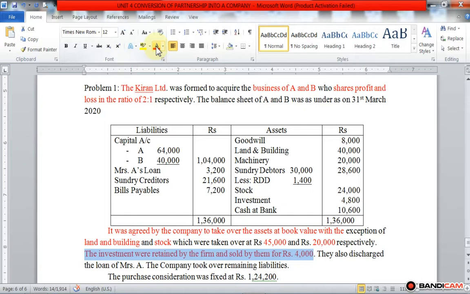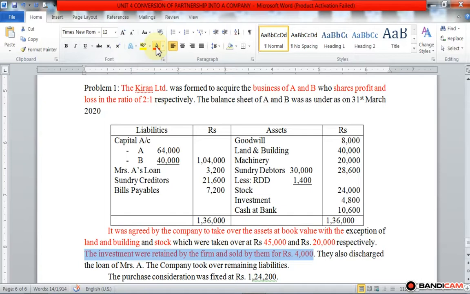So remember, the entry for payment of a liability will be realization account debit to cash or bank account (repayment of loan).